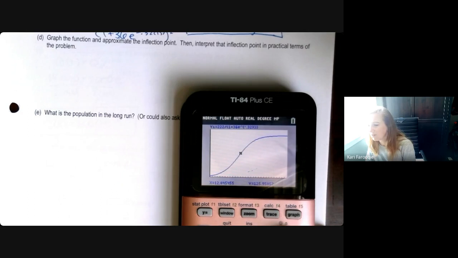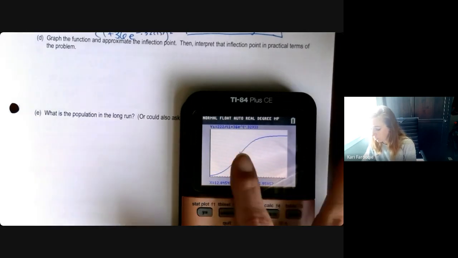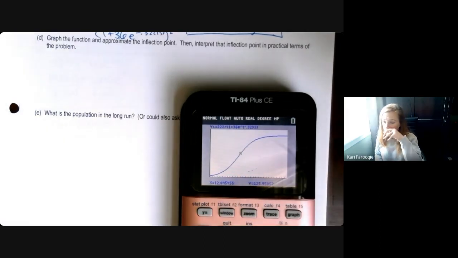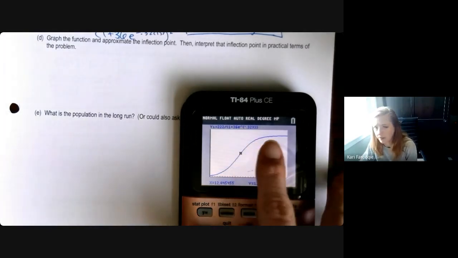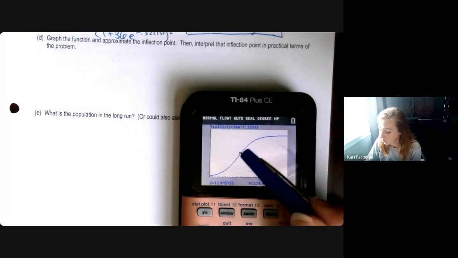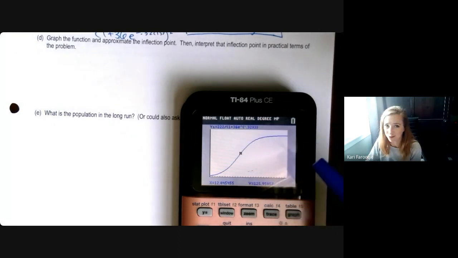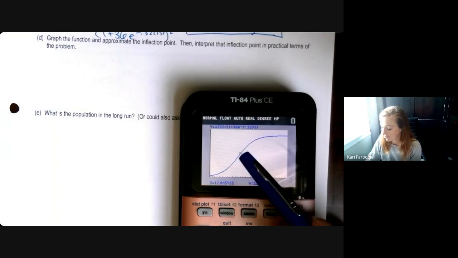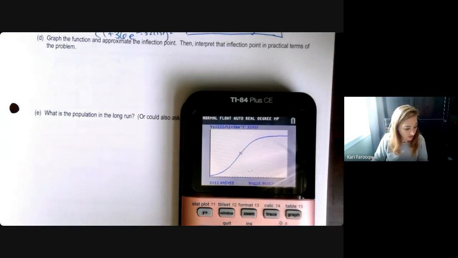I would say it's right around x equals 12. So after about 12 years is when you would hit the highest, the fastest rate of change of the growth. And after that, you will see that the rate of change of the growth starts to slow. So it's still growing, but the rate of change of the growth will slow down. This is about where I would eyeball that, maybe right about at 12.